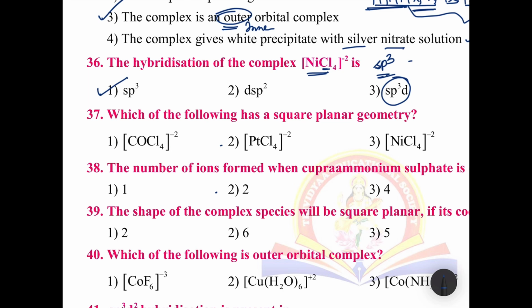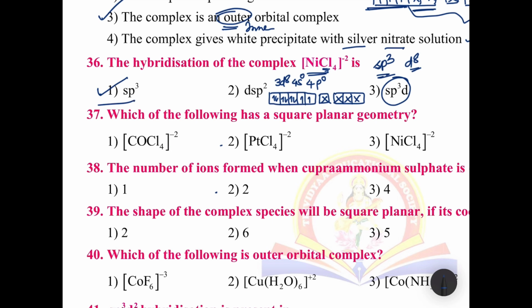Okay, now d8 means it is sp3. Nickel oxidation state will be +2, that is d8, 4s0, 4p0. d8 means there will be 8 electrons: 1, 2, 3, 4, 5, 6, 7, 8. Chloride is a weak field ligand, so it won't pair up the electrons. They will occupy simply the outer 1 s and 3 p orbitals, sp3.